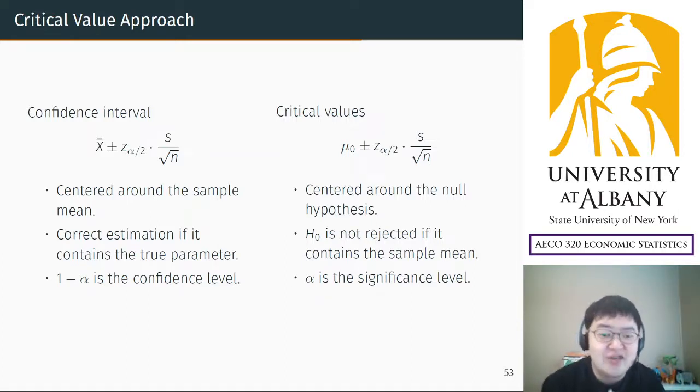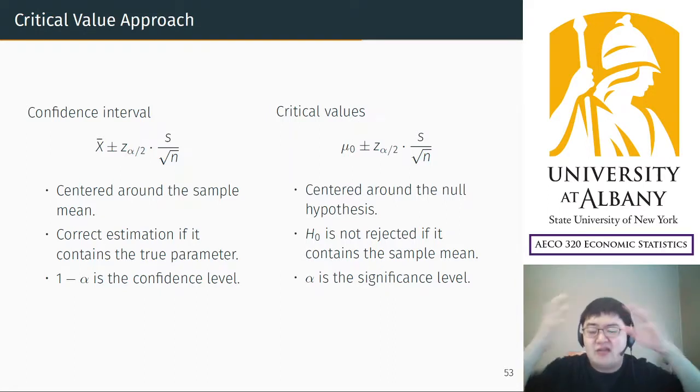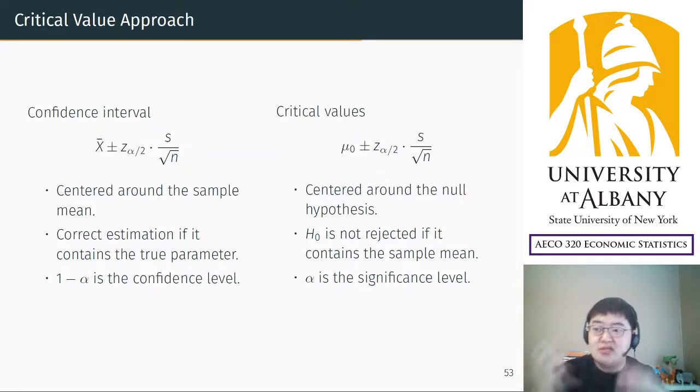I hate the convention. I don't know why it happened, but I guess historically, at the beginning of these methods, different statisticians developed the frameworks independently, but later on they found them to be similar, so we unified all the frameworks into one.